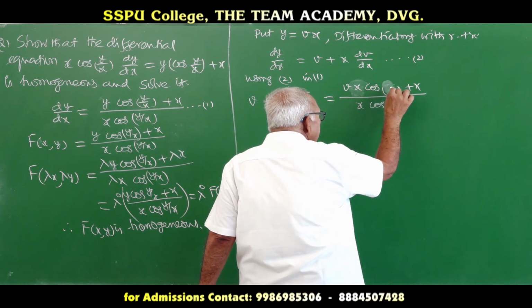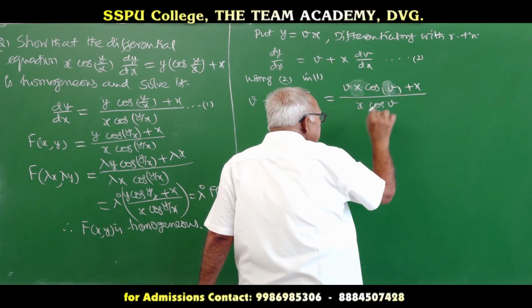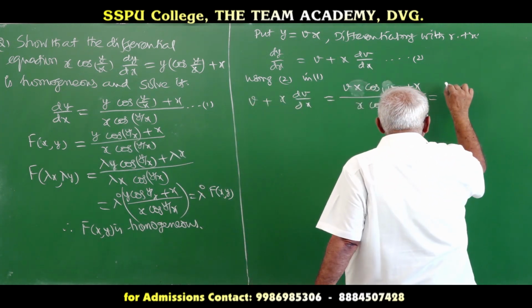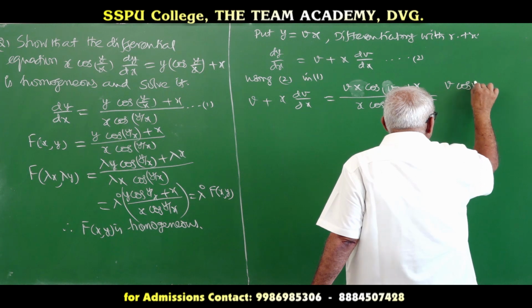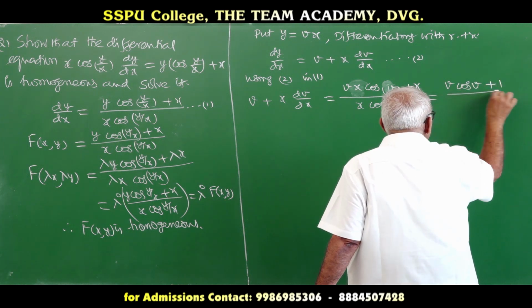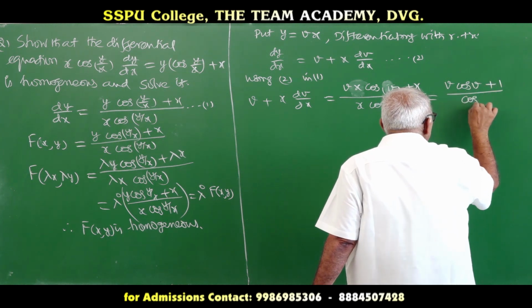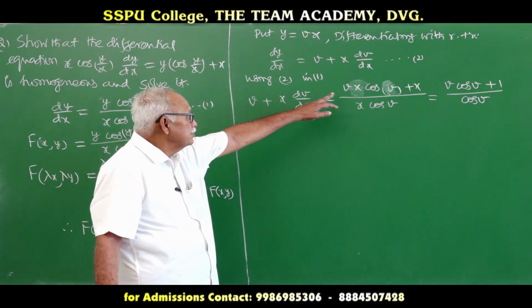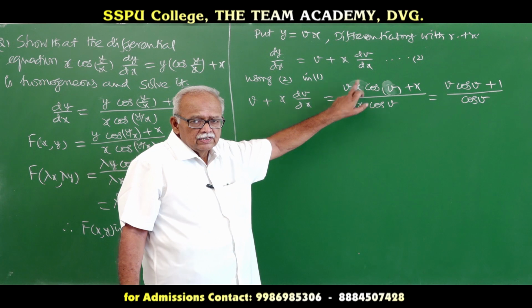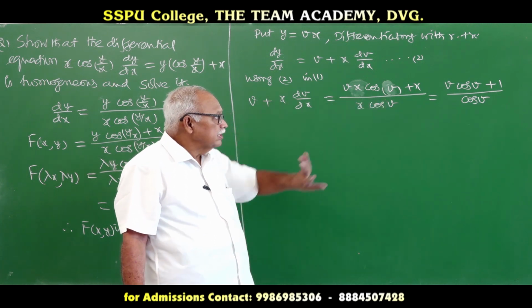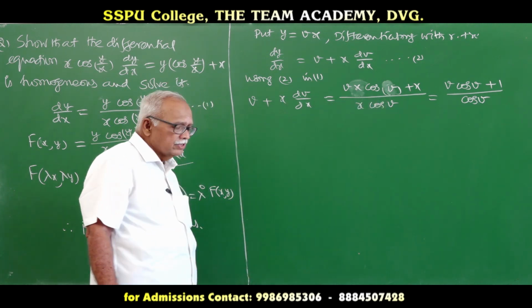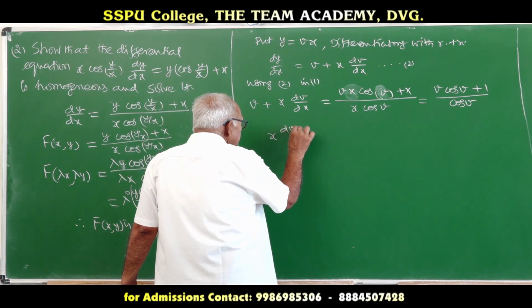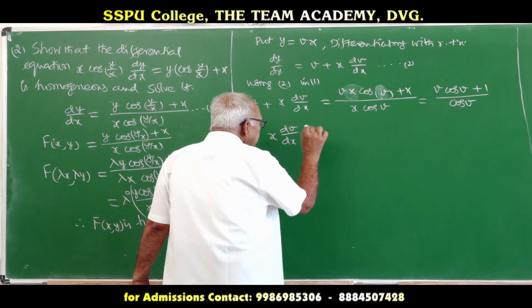What is y by x? It is v. Now x cancels, and we get v cos v plus 1 divided by cos v.